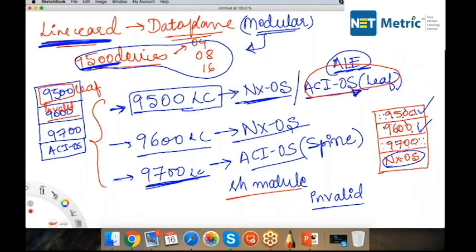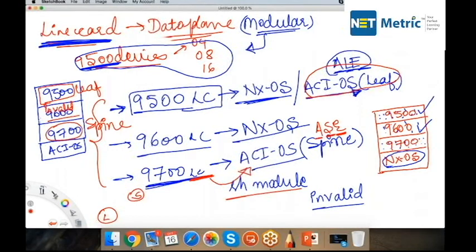I cannot use the ports present on this particular line card when I have ACI operating system installed. 9700 line card does work with ACI operating system, and when it does, it is giving me spine functionality because it has ASE, application spine engine, right? So this particular line card now works as one spine, right?